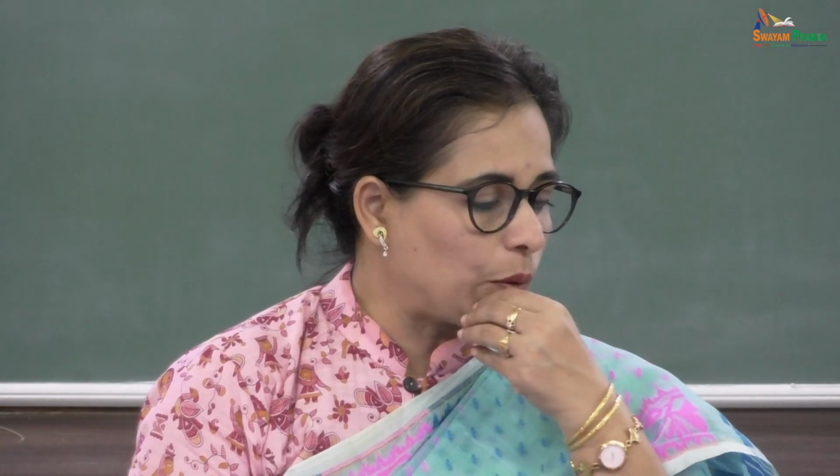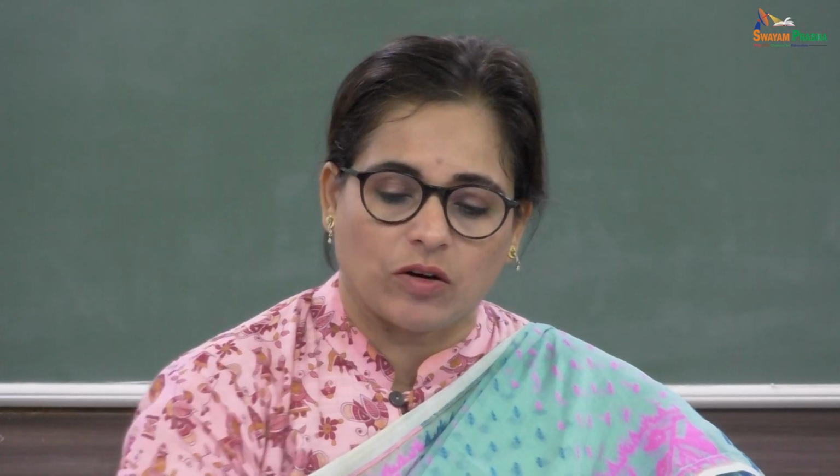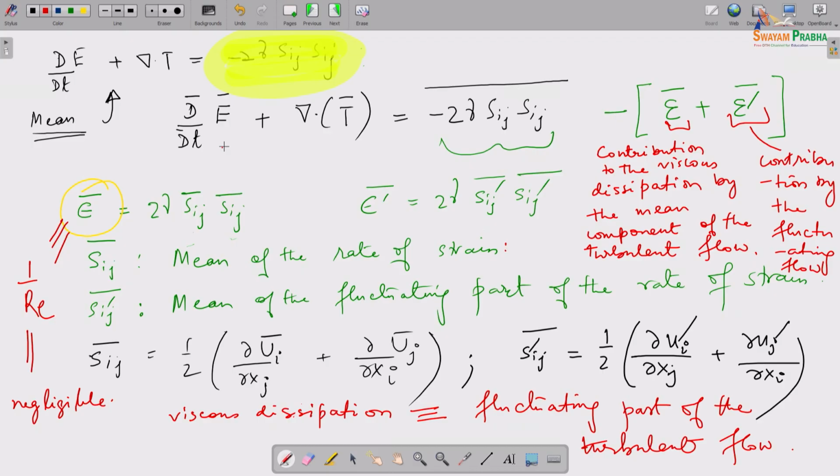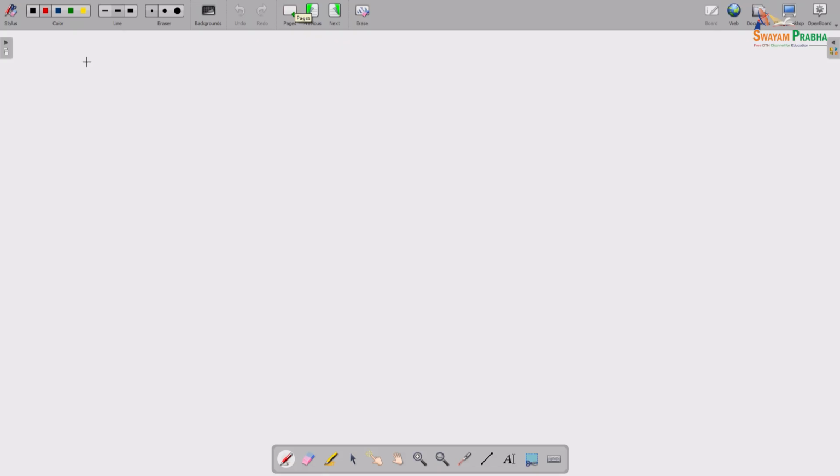Now, the next thing we had spoken about is the production. We took that equation and wrote it, the same equation that we just saw, the mean equation. Okay, so now let's take this equation here.